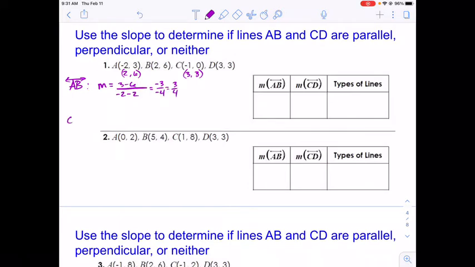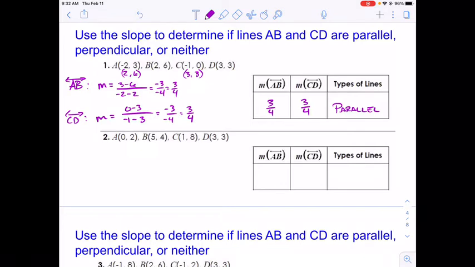For line CD, the slope is going to be 0 minus 3 over -1 minus 3. That's -3 over -4, which is going to be +3/4. So since these are the same, 3/4 and 3/4, the lines are parallel because they have the same slope.